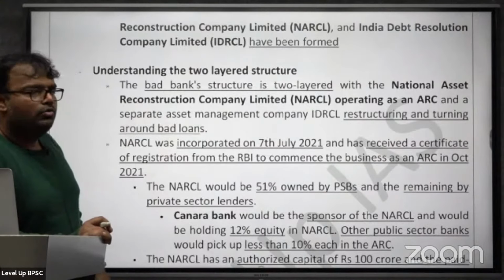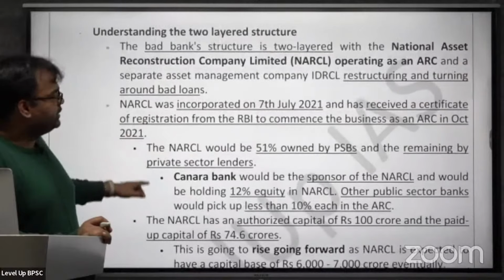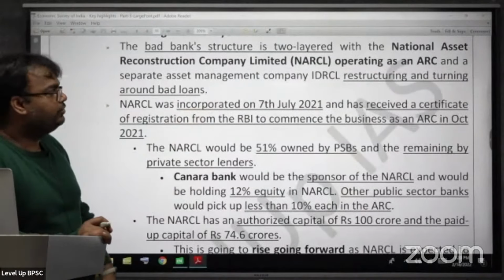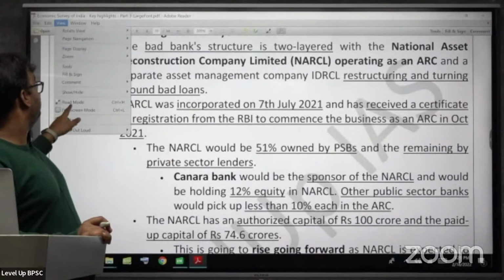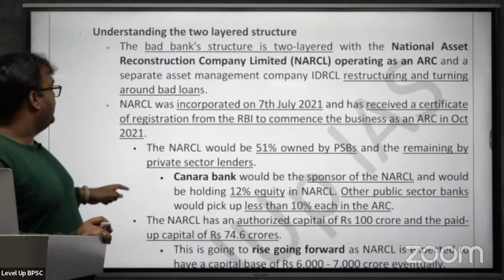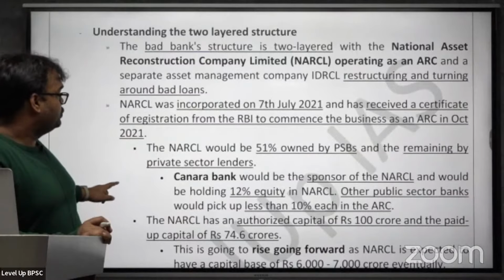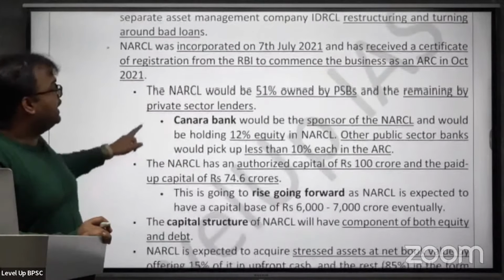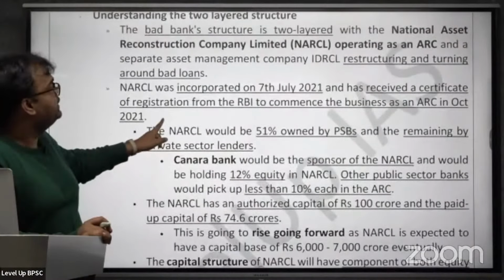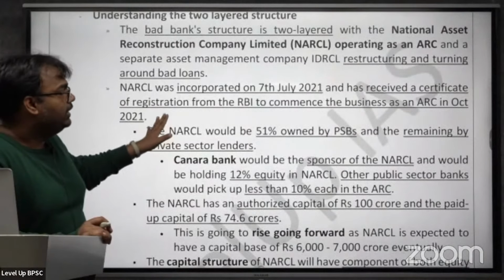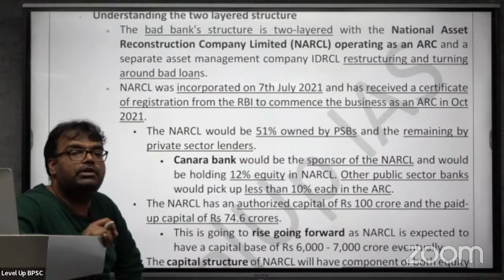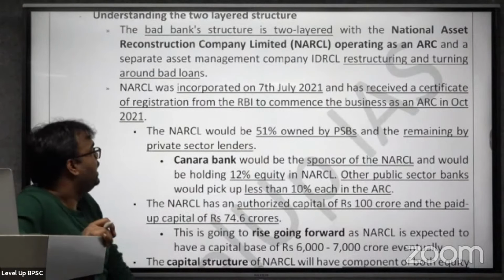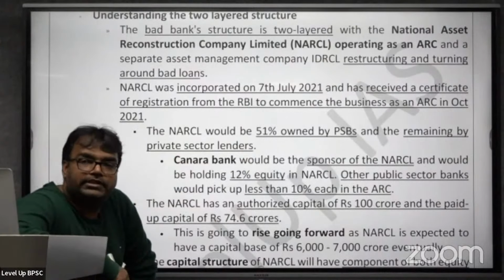Before that, let's understand its structure. It was incorporated on 7th July 2021. It received a certificate of registration from RBI to start its business in October 2021. 51% shares of NARCL are with public sector banks and the remaining with private sector banks.